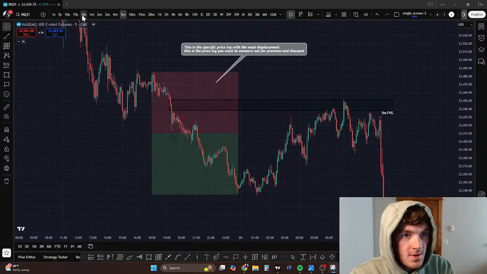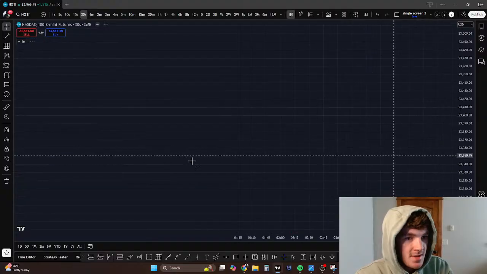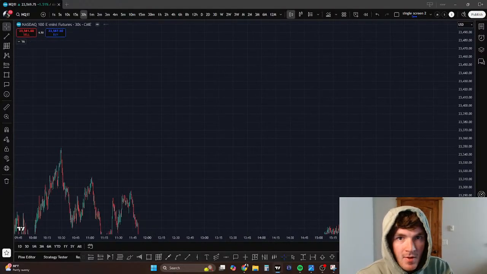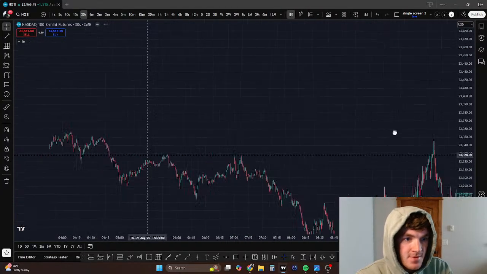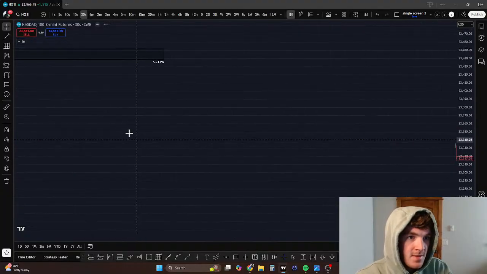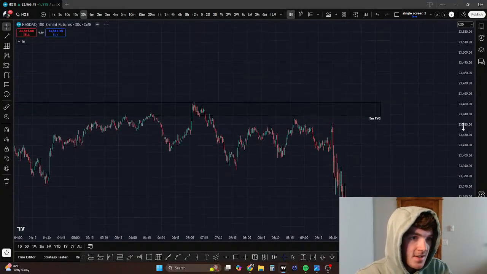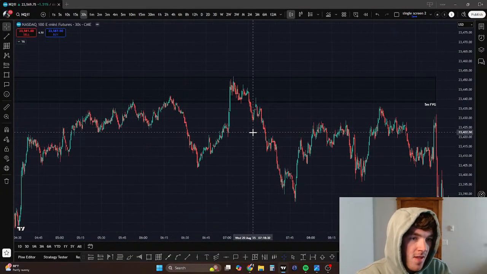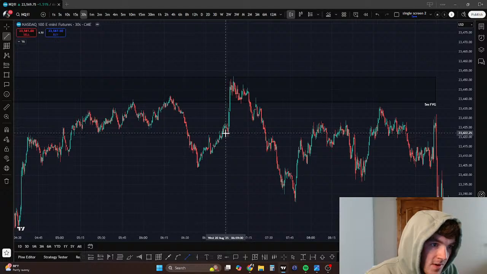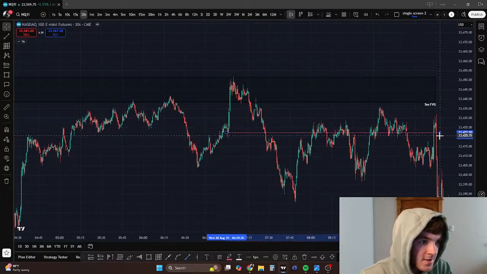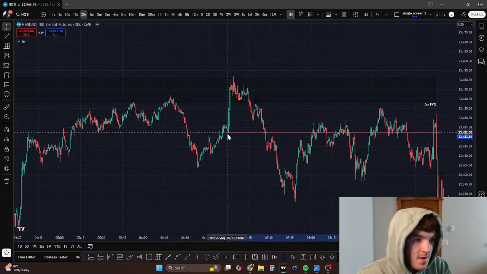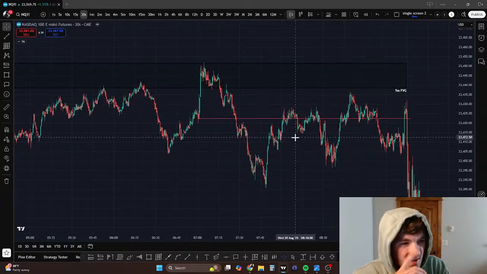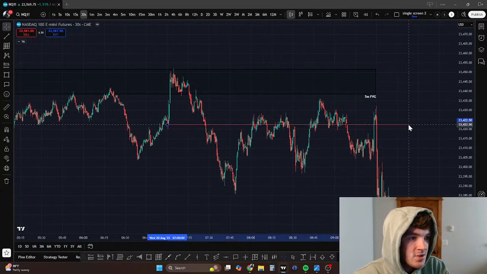Now we drop down to our aligned time frame, which is in this case the 30-second. So we have a 5-minute premium fair value gap, and then we look for a 30-second change in state. That occurs right here. Very, very obvious change in state, right? You can see how we push up into it.